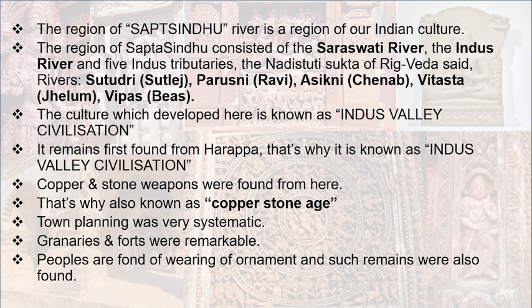The cities developed near the banks of these rivers are all called Indus Valley civilization, because the main river is the Indus and these are its tributaries. That's why the civilization developed here is known as the Indus Valley civilization.